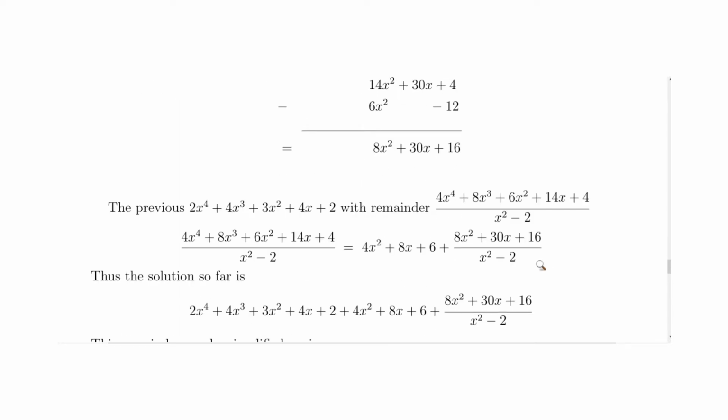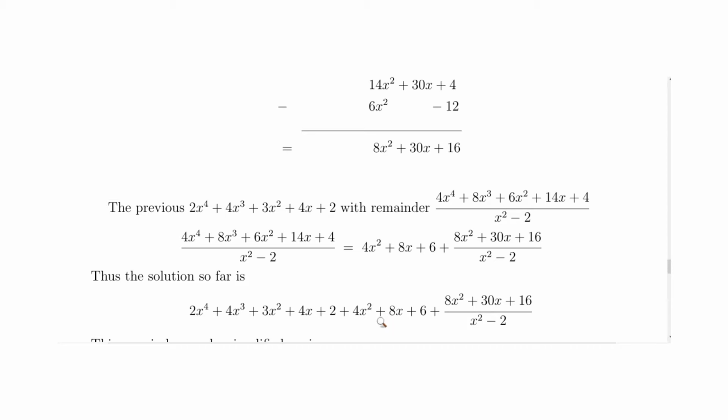Okay, so now what we can do is we take this quotient here from our first calculation and add it to this calculation. So I'll put that down here for you. All these terms are here, these terms are here, and our remainder, still a fraction, is here. So that's what we got so far.